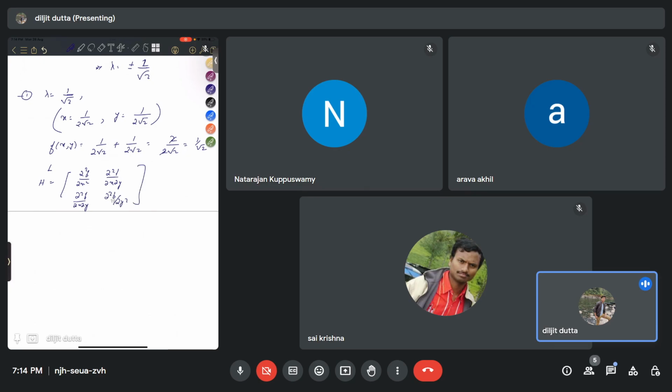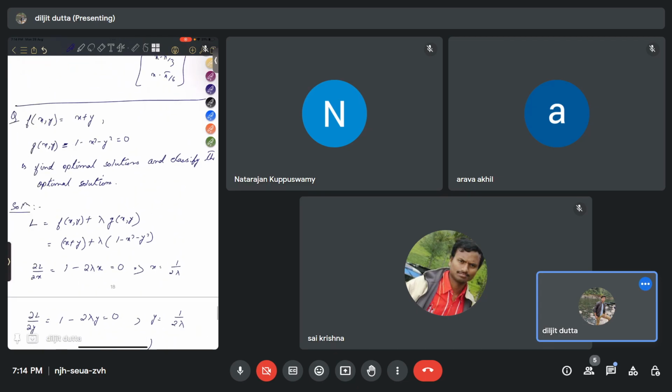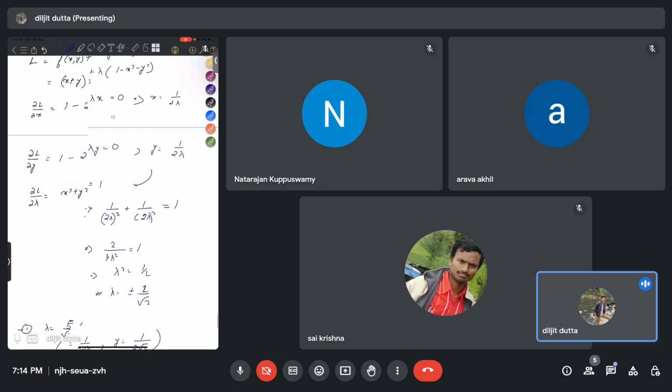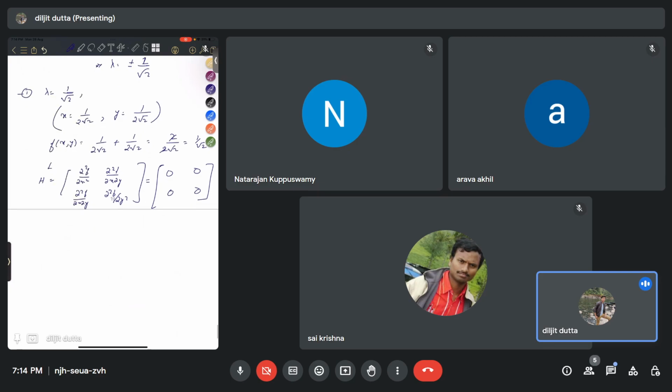We are taking a Hessian matrix because it's a multivariate function. So del square f by del x square will be 0. F of x, y is x plus y. If we take a double derivative with respect to x, it will be 0. This is also 0. This is also 0. So we cannot directly say it's a maxima or a minima. So it might be an inflection point also. So based on the value of f of x, y only, we can decide whether it's a maxima or a minima.